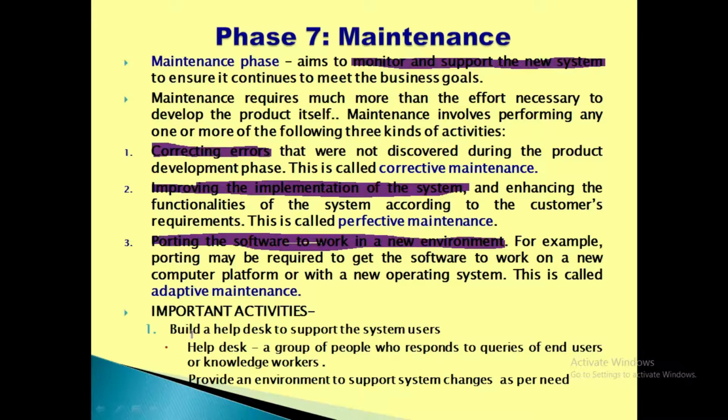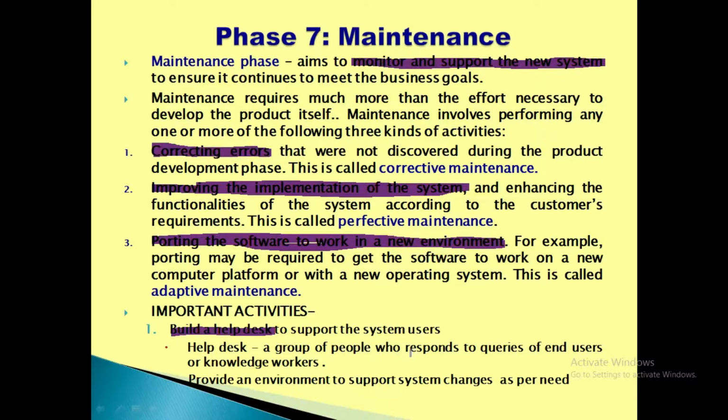Important activities of maintenance phase: to build a help desk to support the system users. Now what is a help desk? A group of people who respond to the queries of the end users or the knowledge workers. You have a group of people continuously working on a help desk so that all the knowledge workers or end users who are facing certain problems or have queries can call and talk to the help desk people to get it sorted, and provide an environment to support system changes as per the need.